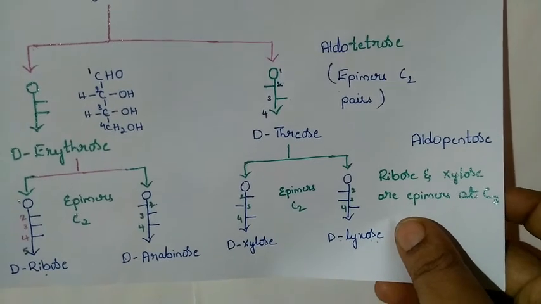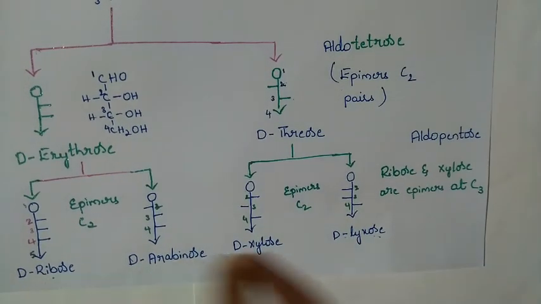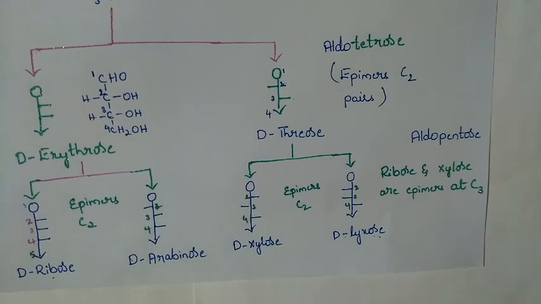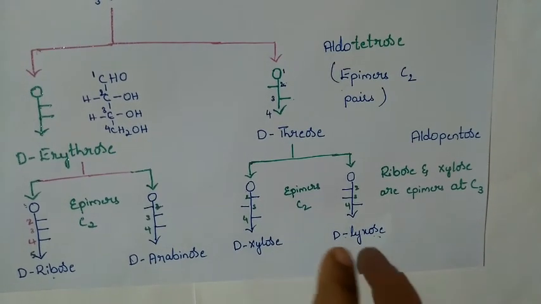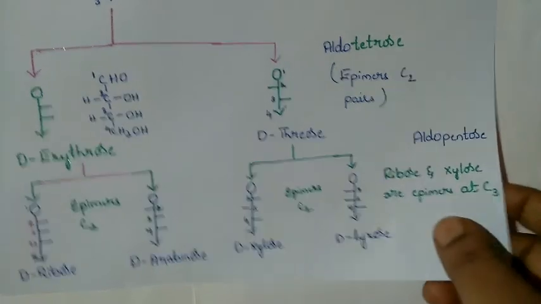The next step is aldopentose with 5 carbon atoms. Each one is increased by 1 carbon atom to give 2 more isomers. So ribose will give 2, arabinose 2, likewise xylose 2, and lyxose 2. We shall continue with that.